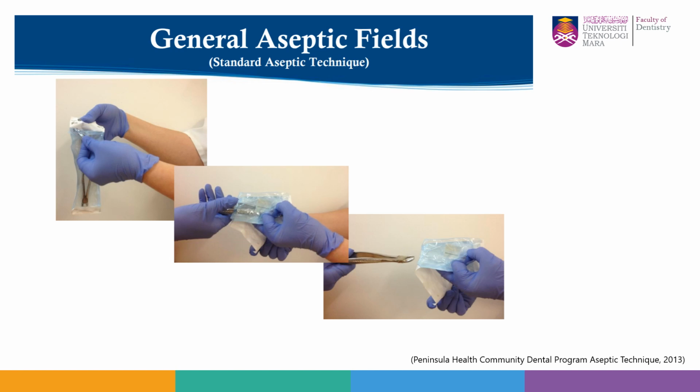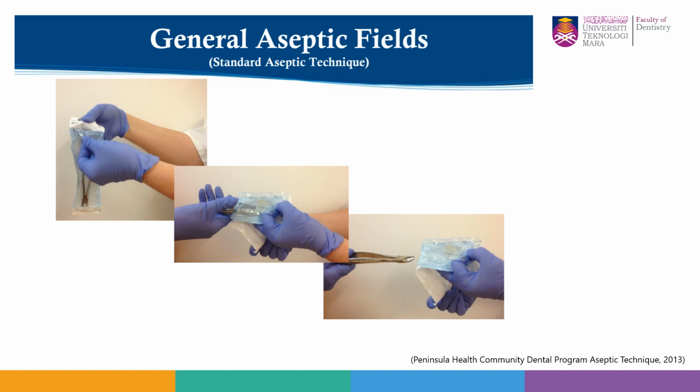Okay, this is one of the examples of standard aseptic technique. This is one of the many. So these three photos are showing you how you open the packaging of an instrument that is sterile. The first photo at the top here is opening a sterile package of an instrument.